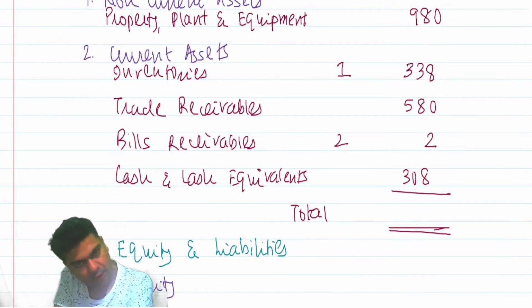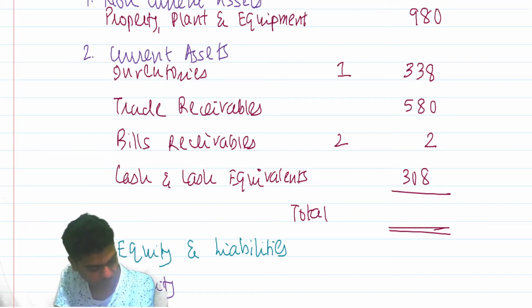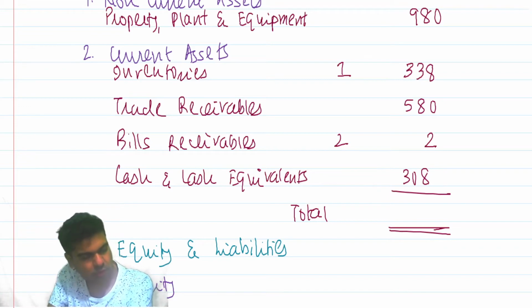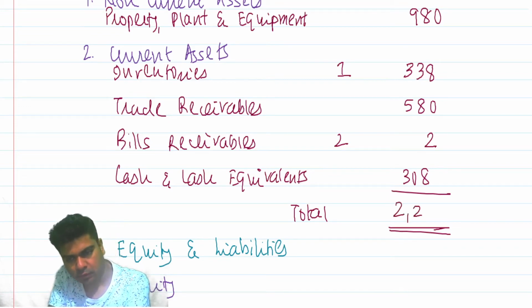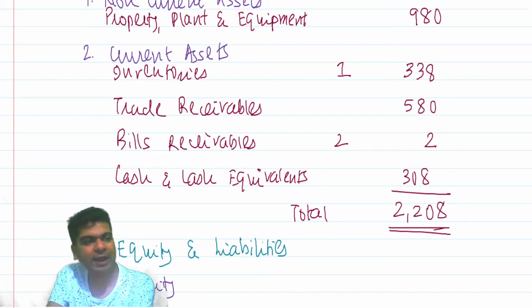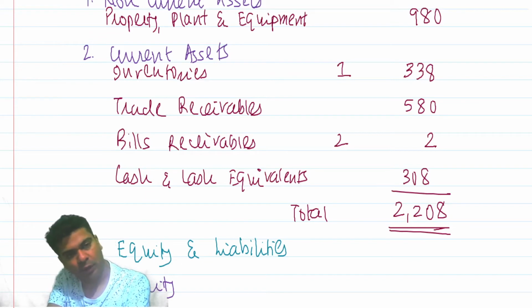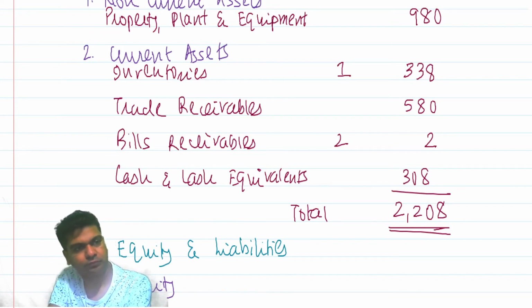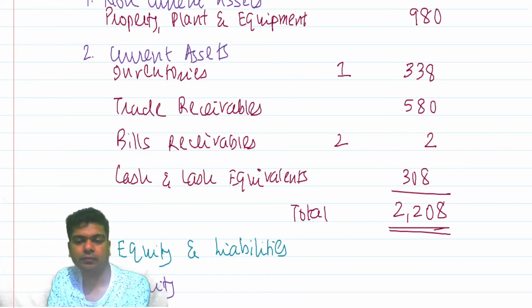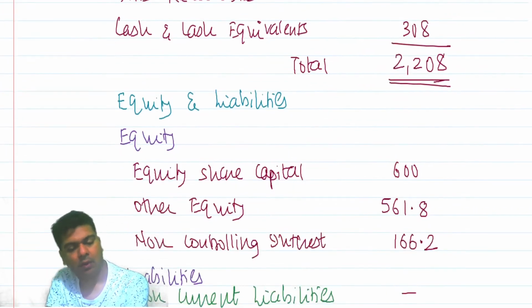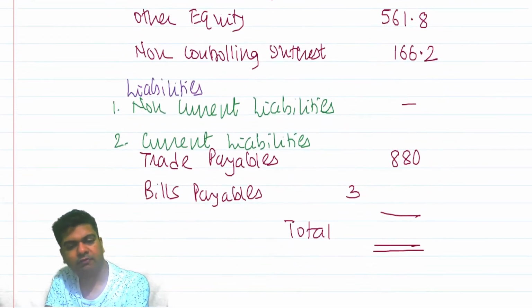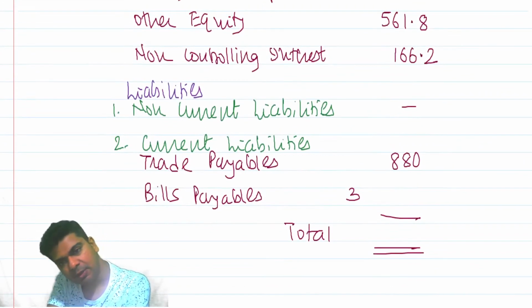We are ready with the balance sheet side. We can take a total and place that total in our balance sheet. It's 2208 balance sheet total. We still need a note for the bills payable now.